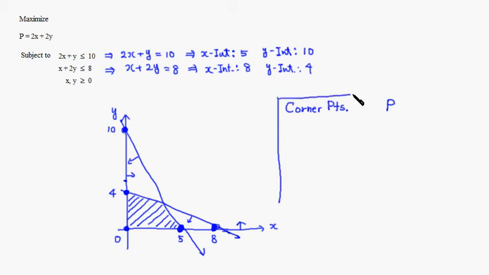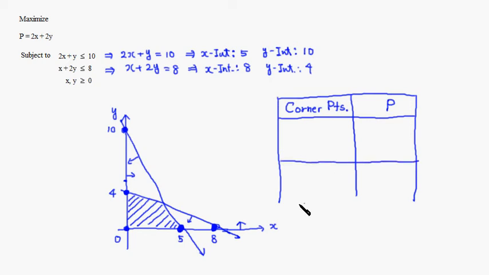You have the corner points, and there will be 4 corner points, so I need 4 slots.